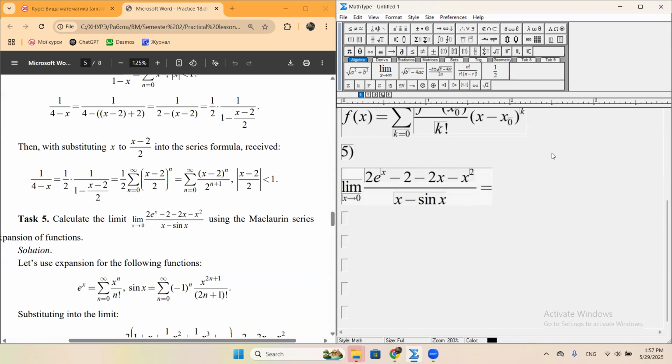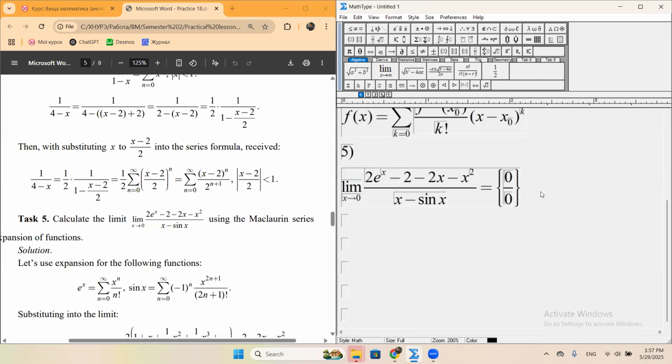So we have here the following indeterminate form, 0 over 0.